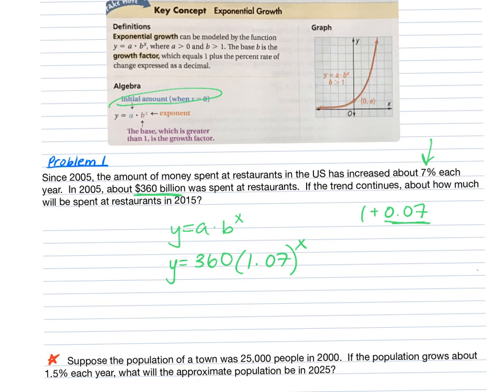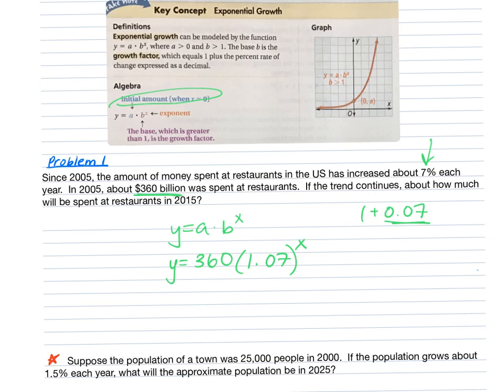Okay, so if we did it for 2 years, it'd be 360 times 1.07 times 1.07. You basically multiply by 1.07 every year, because the growth is going to continue. And so that's where the exponent comes in. In this case, the initial is 2005, so in 2015, it's 10 more years.